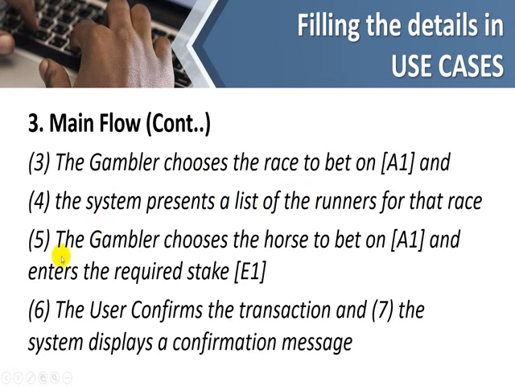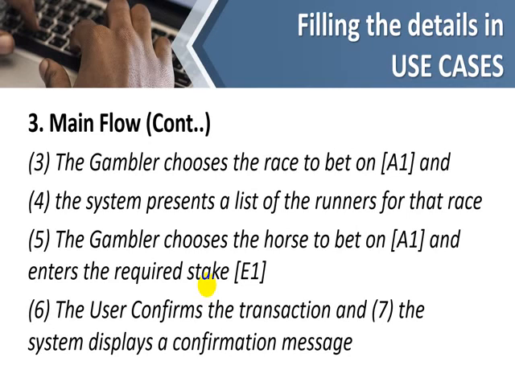Then step five, the gambler chooses the horse to bet on. So he just selects one horse for that particular bet and enters the required stake, right? Stake means, in fact, he is putting some money on that bet, right?